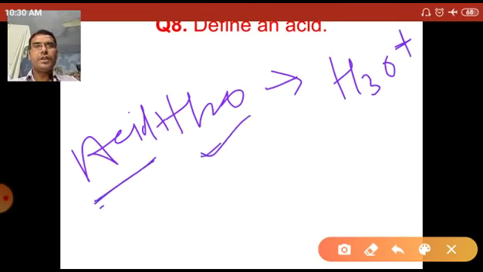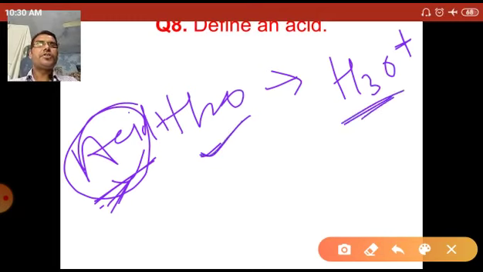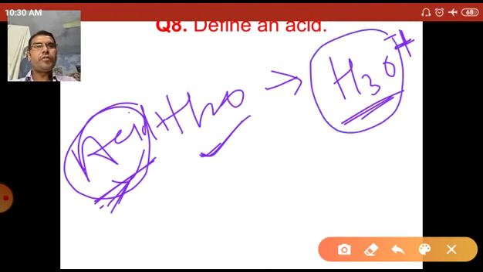That compound is called an acid. So an acid is a compound which, when dissolved in water, furnishes H3O plus ions and also negative ions. The formation of H3O plus ion in the aqueous solution of a compound, that compound is called an acid.